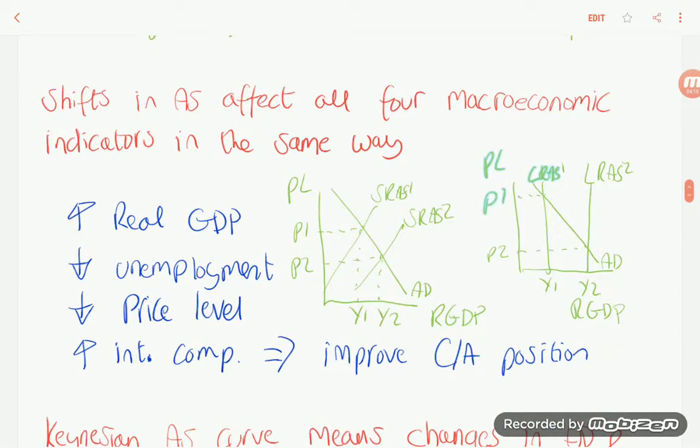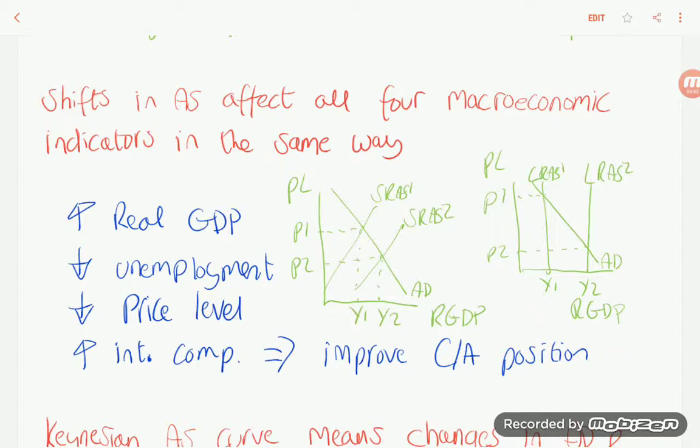Shifts in AS affect all four macroeconomic indicators in the same way. A shift of the AS curve will either improve or worsen all four indicators at the same time. For example, an increase in AS shown by a shift to the right from SRAS to SRAS1, or 2 in my diagram rather, will lead to an increase in the capacity of the economy.